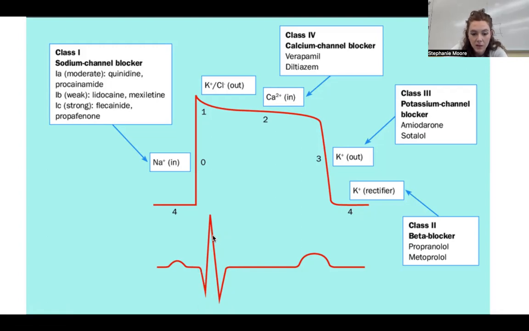And if you notice, it happens during the plateau, which makes sense. I just talked about how a full contraction will happen until the very end of the plateau.